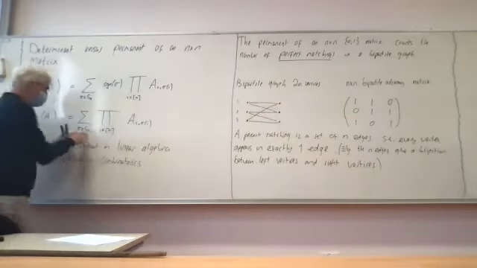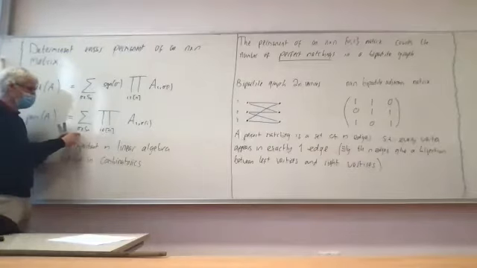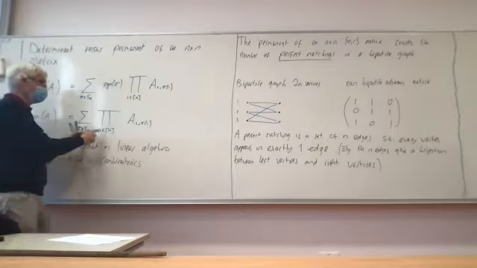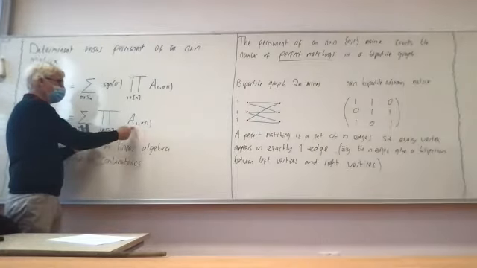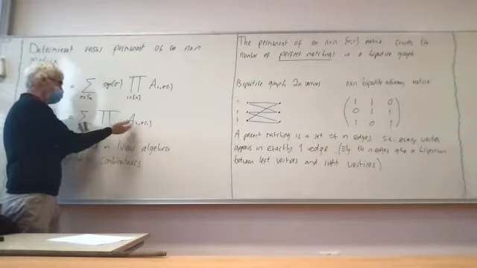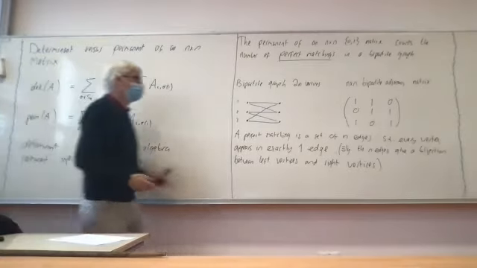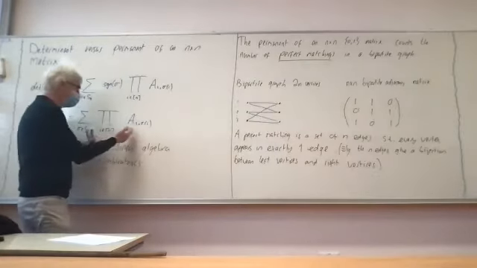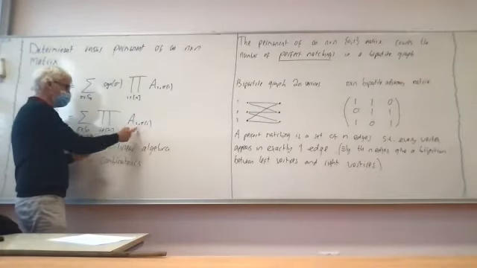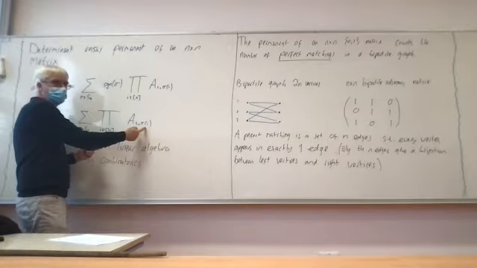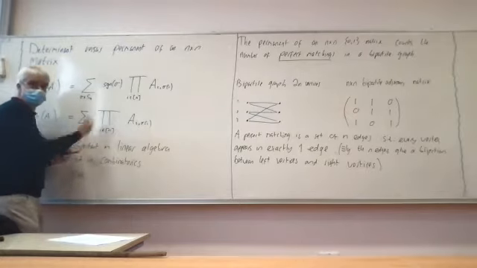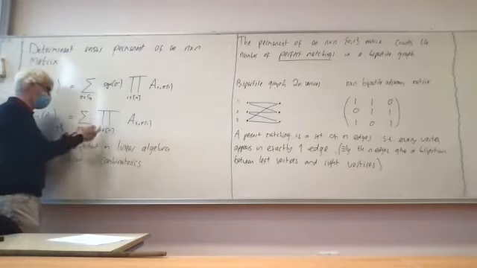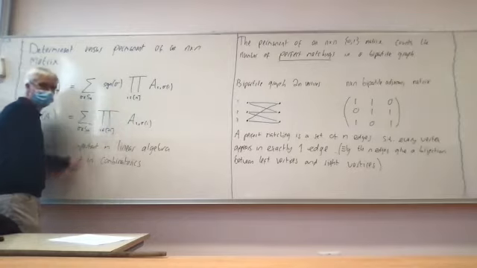Here we're summing over bijections between left and right vertices, and then we're summing the product of the edges, but all the numbers are 1 or 0. So this product will either be 0 or 1, and it's only going to be 1 in the case that all these values are 1. And that's saying that this permutation is a perfect matching. And we sum over all permutations, those permutations that are perfect matchings.